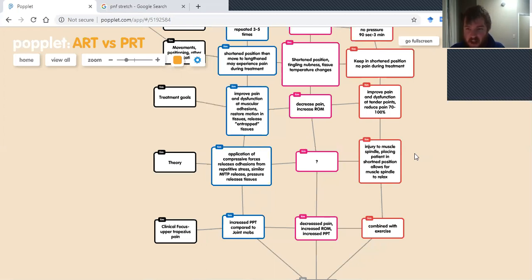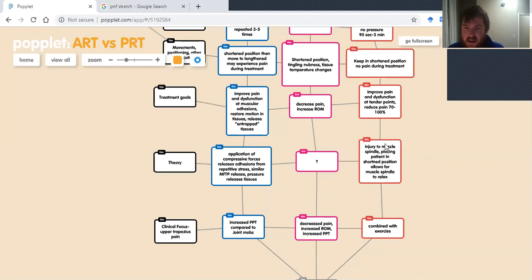It's no longer accurately sending a signal to the central nervous system saying the length of the tissue is such and such. So by placing the patient in a shortened position, it allows that muscle spindle to relax and calm down and reset and send the right signal to the CNS. So yeah, that's kind of the big theory difference.